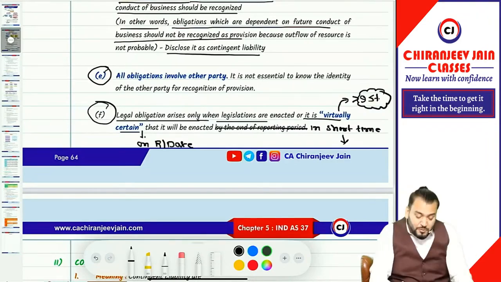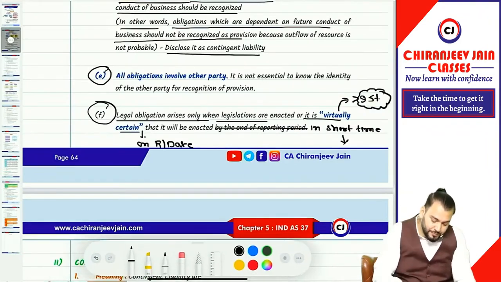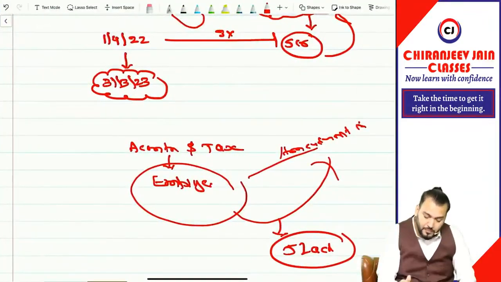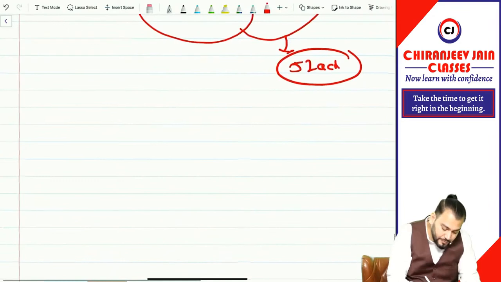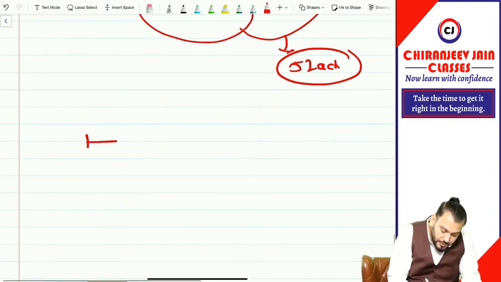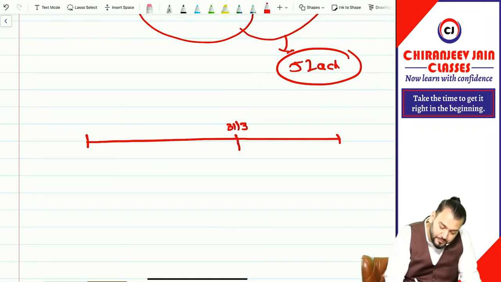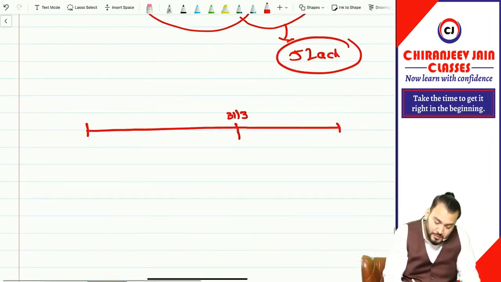Understood? Let us understand what they want to say. Suppose this is 31st March, the reporting date.